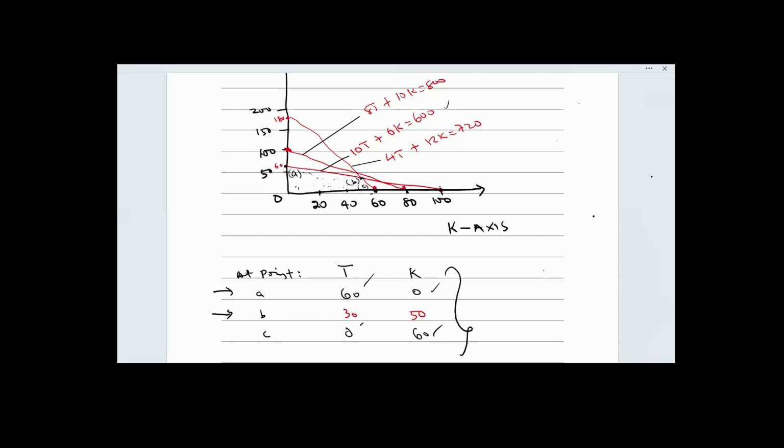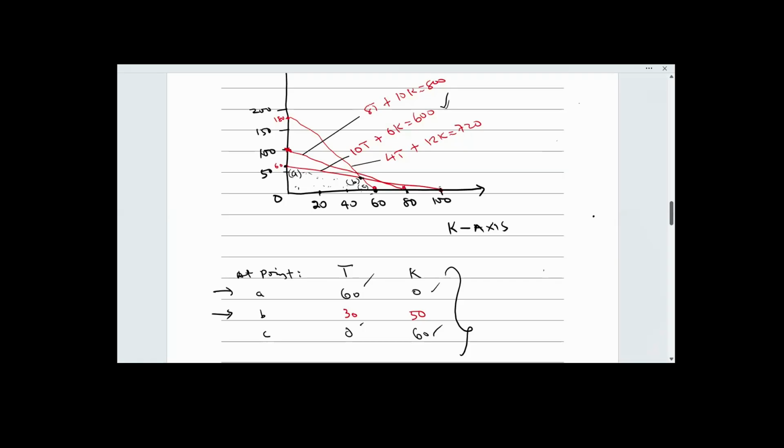But at point B, to get the value of K and T, we are going to identify the two equations that intersect at that point B. Then you solve using simultaneous equations. At this point B, there are two equations that intersect. This equation of 60 to 100 is 10t plus 6k equal to 600.